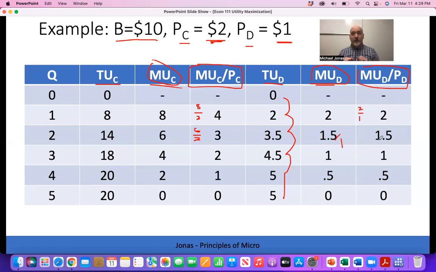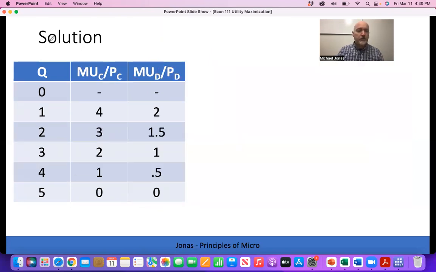So now we have all the information we need to walk through that little optimal shopping trip scenario, right? I've got the $10 in my pocket. Where do I want to spend it? So what I've done in this table is just taken those relevant columns, the marginal utility over price for coffee and donuts, and that's what our imaginary consumer is going to need.